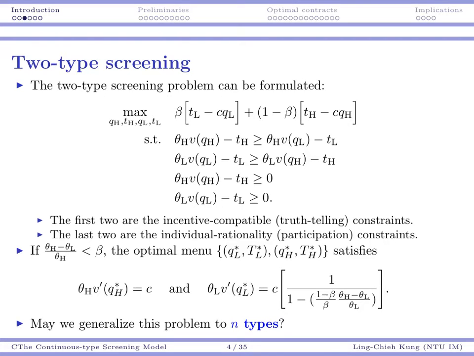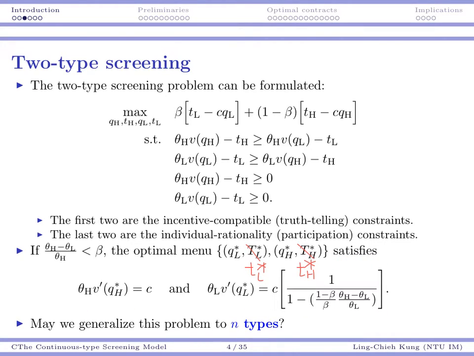We can use some ways to solve this problem. Under a certain condition, the optimal menu, this should be small t, your optimal menu would satisfy this and that.